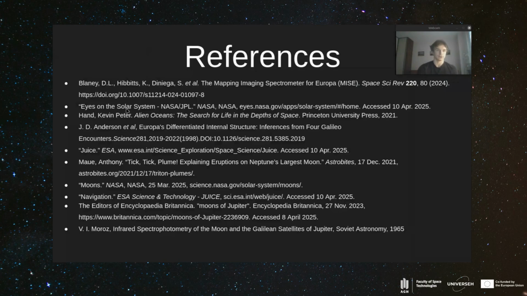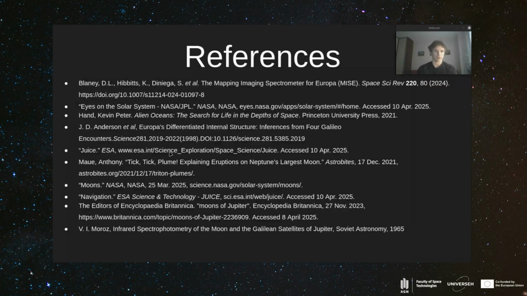Also, Eyes on the Solar System was the web simulation where we were comparing Ganymede and Mercury. It's great for those kinds of things. You can just open it in a browser.